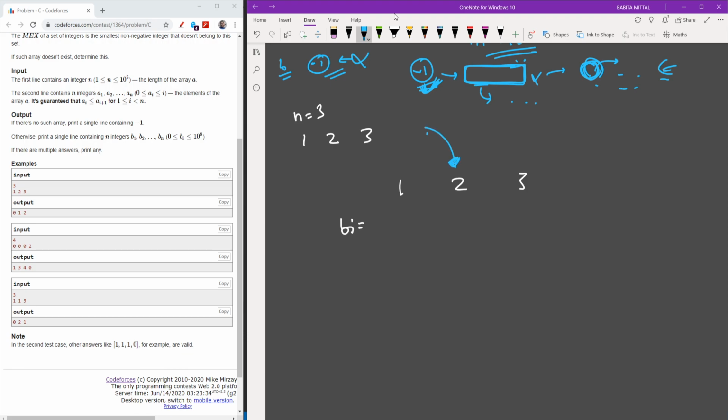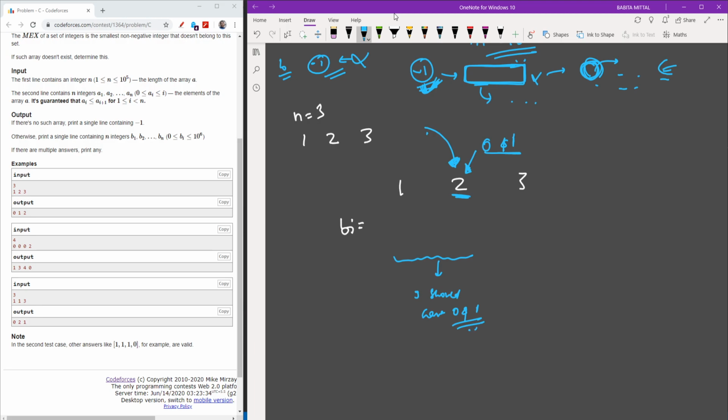When I am at 2, what I want is that up to 2 I should obtain 0 and 1. Which means that in these places I should have 0 and 1.